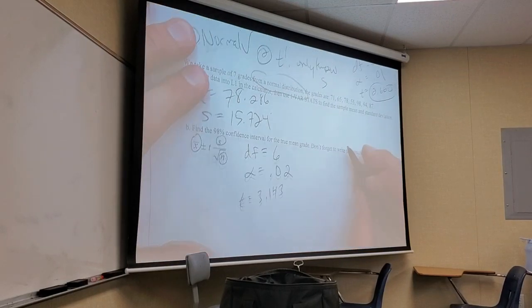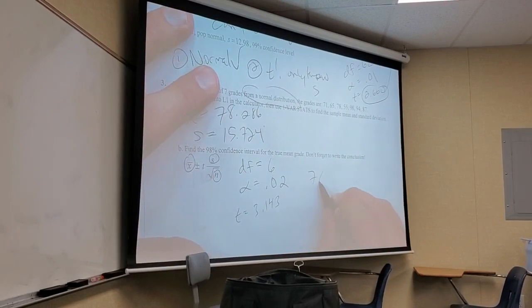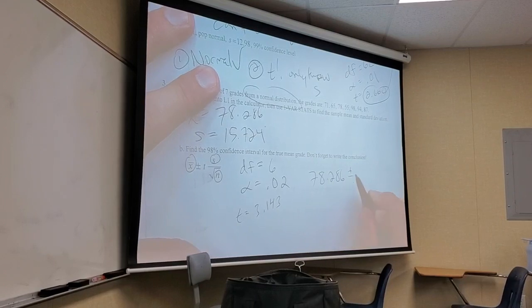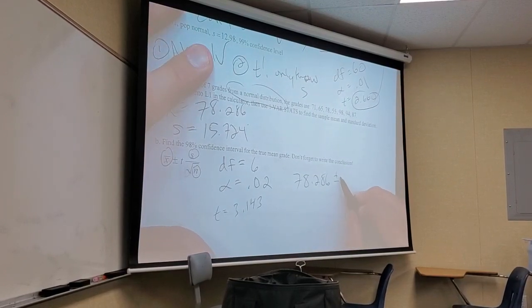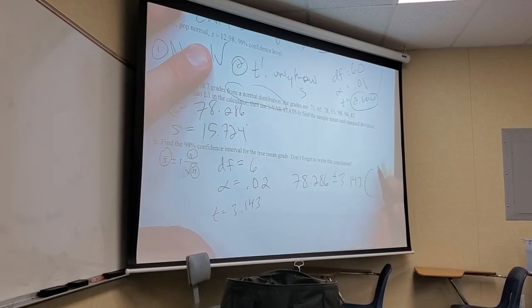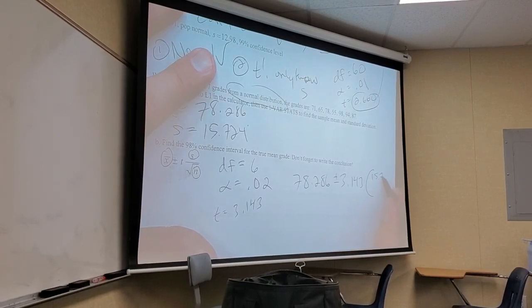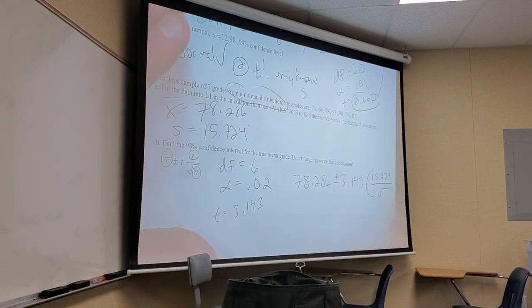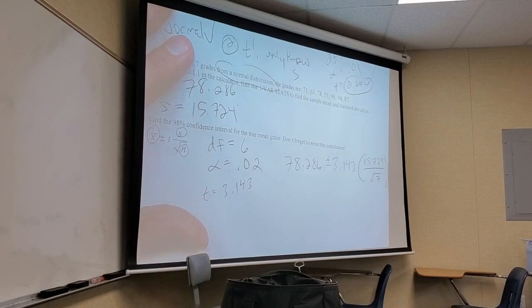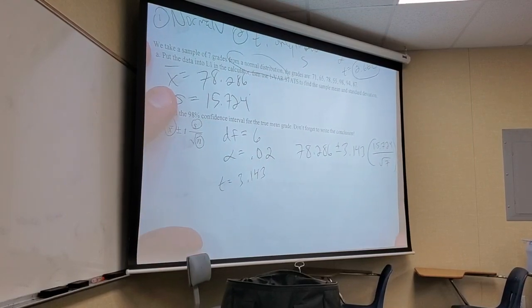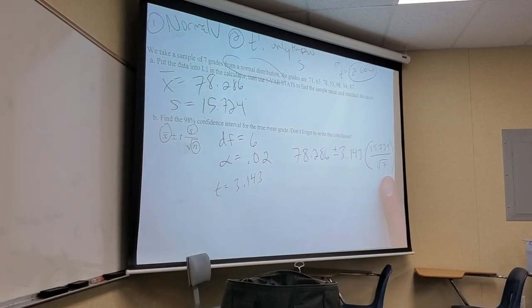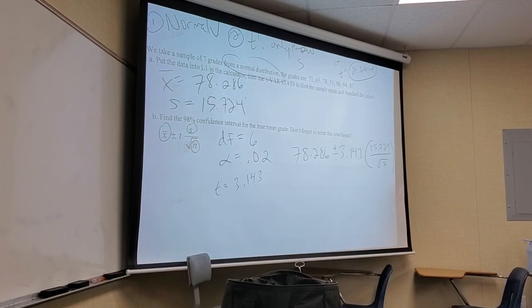So let's see, we got X bar, give or take, this many of these. One of the biggest mistakes I see is people divide by the square root of all kinds of things.